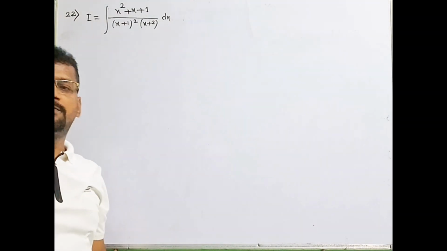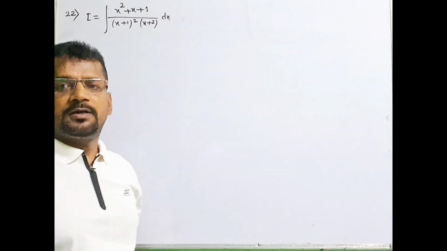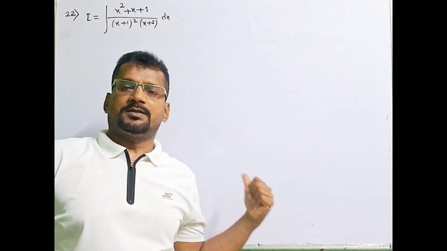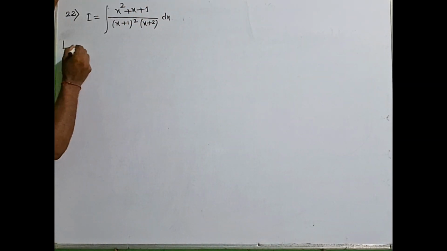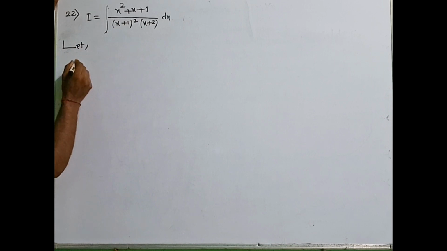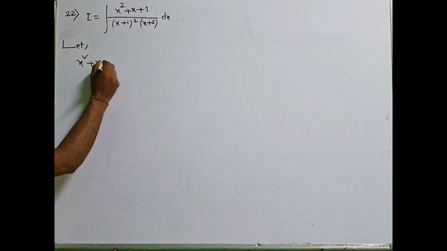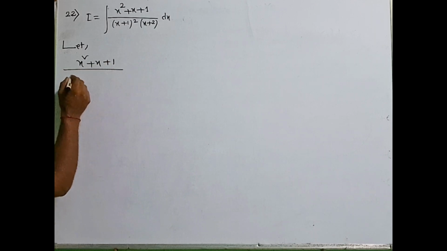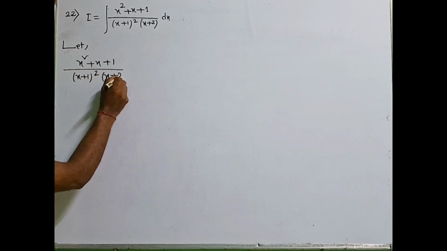Now this is your question number 22. I think this type of problem we have already solved. It is directly the partial fraction method. So using partial fractions we can find the integral. Take the integrand x squared plus x plus 1 divided by (x plus 1) whole square into (x plus 2).